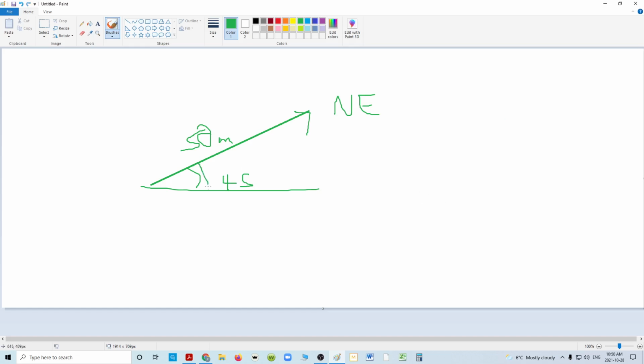If you look at this and suddenly you didn't know the distance of this vector, but they told you either of these lengths down here. Let's say they told you this length was, I don't know, 40 down here. Well, because you have one angle, and this is the hypotenuse in a right angle triangle, you would be able to figure out that the cosine of 45 is adjacent over hypotenuse.